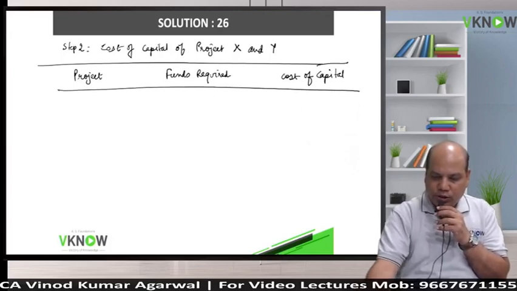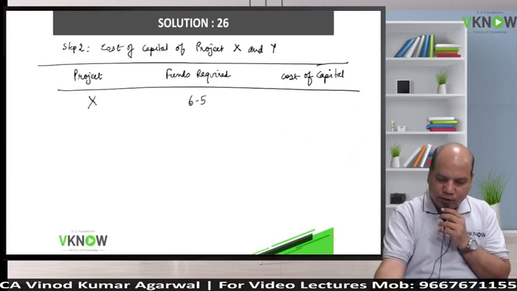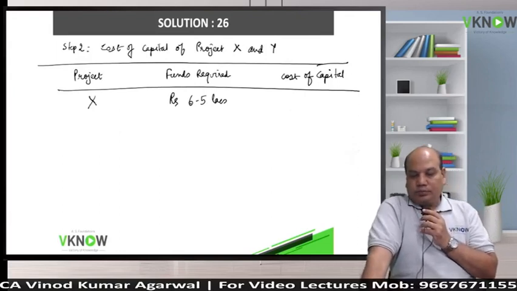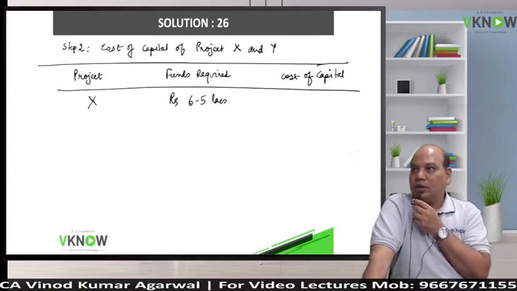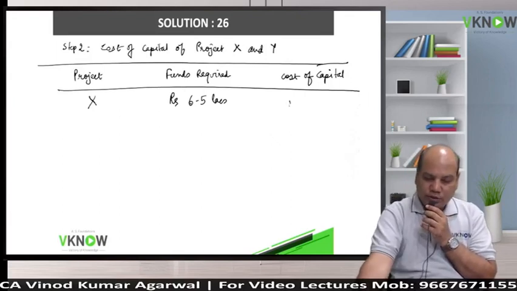So project name is X, funds required is 6.5 lakhs rupees. It will be third category of project, so that is 10.8%.